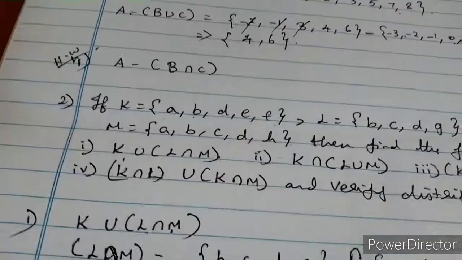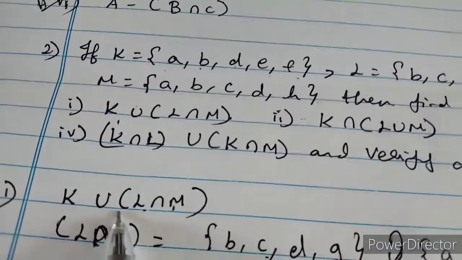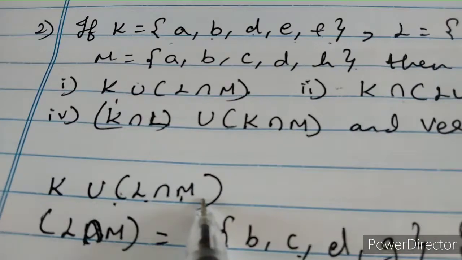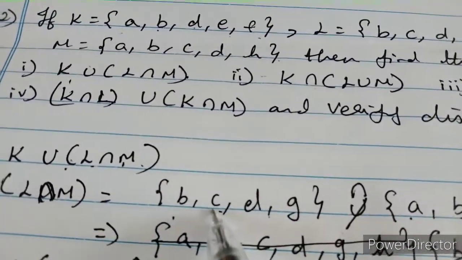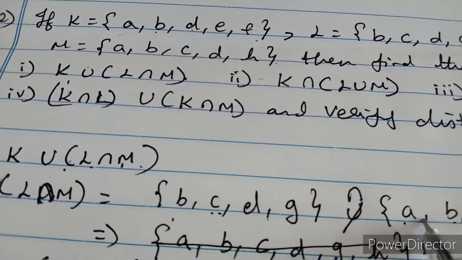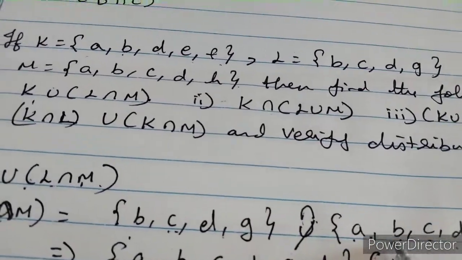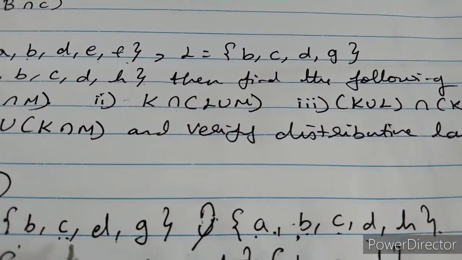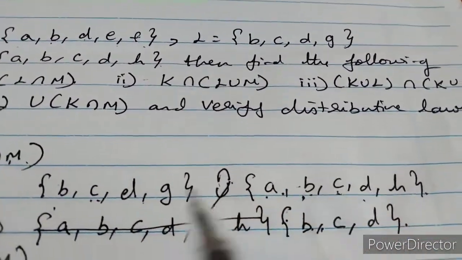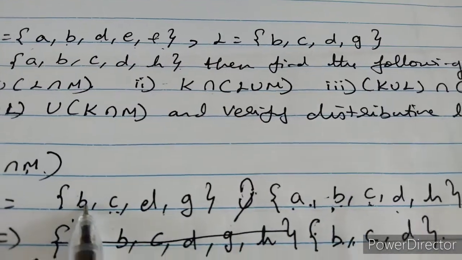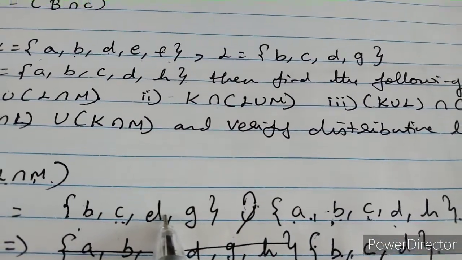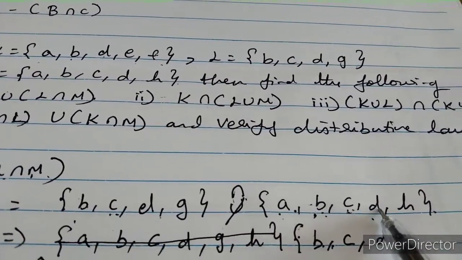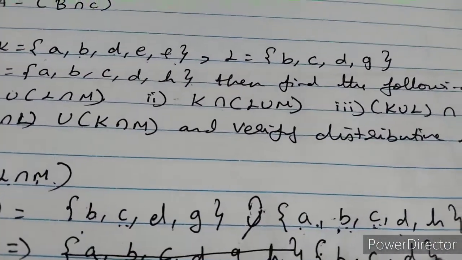Have you understood? First you have to find out the bracket. So in the bracket they have given L intersection M. First take and write down the elements of L and intersection elements of M. Intersection means the elements which are common in both the sets. So if you see, the common elements are B, C and D. Take and write down that one.